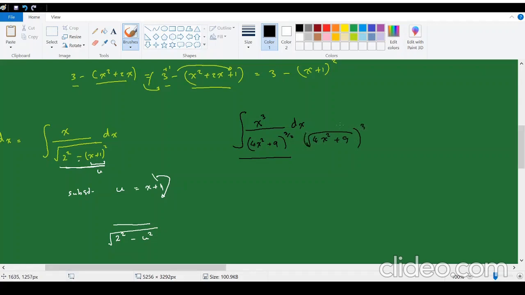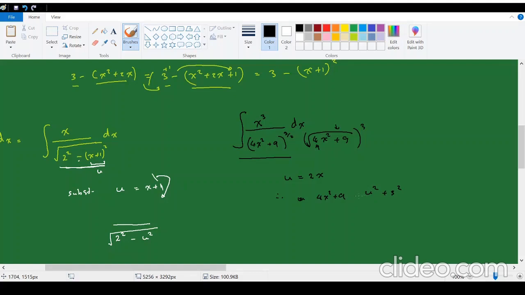Although we have this square root, we still have a coefficient for x, right? So what we did was we considered u to be equal to 2x. Therefore we had 4x squared plus 9 as u squared plus 3 squared, right?